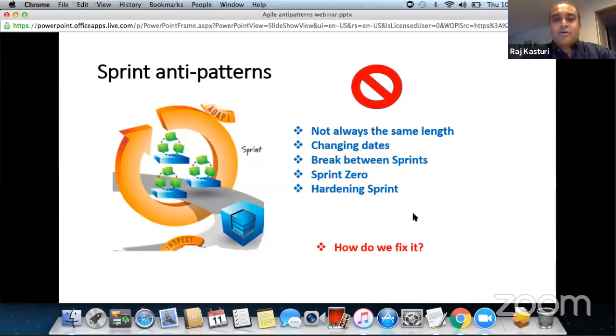Other than that, estimation is just a number. My focus is more on having a conversation with the team, not focusing too much on estimation. But those are some of the things you could use.